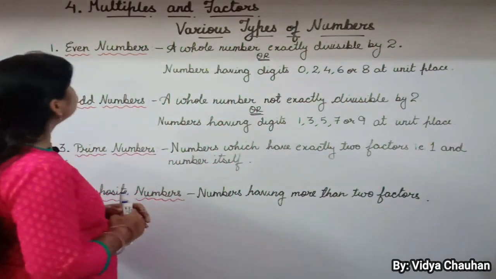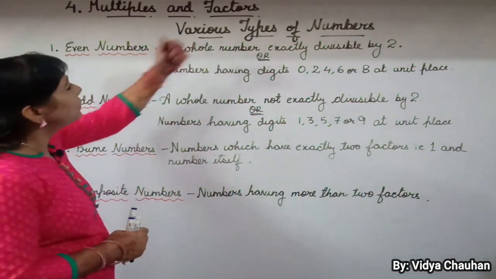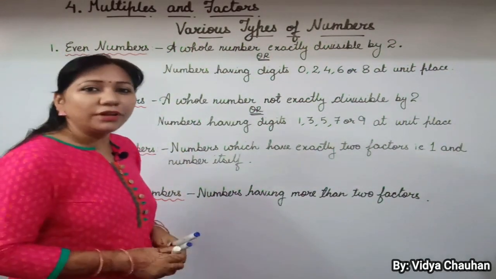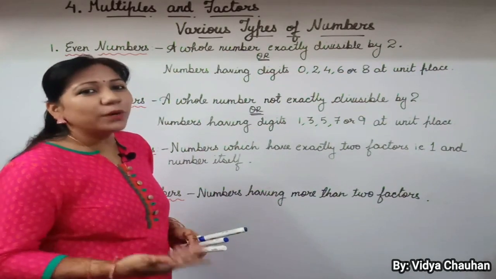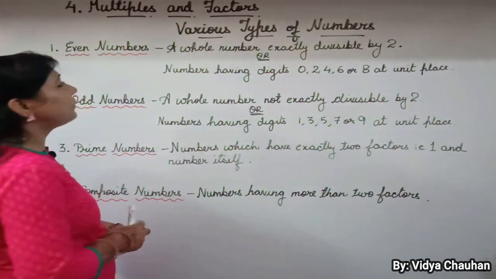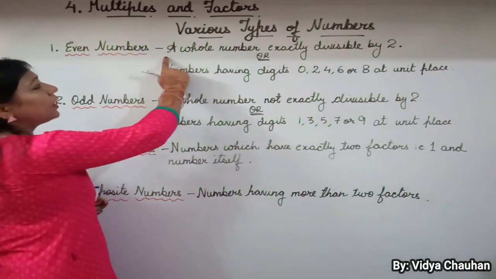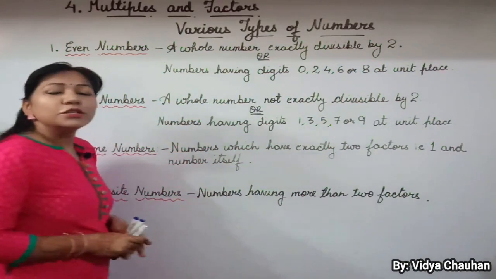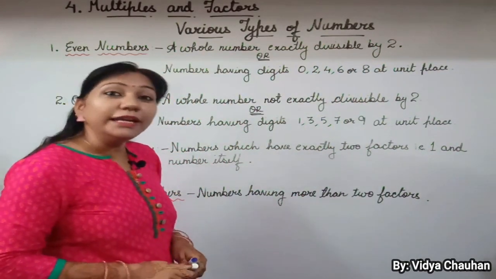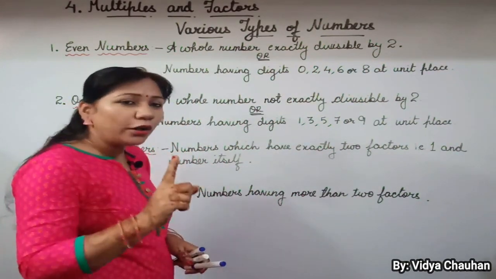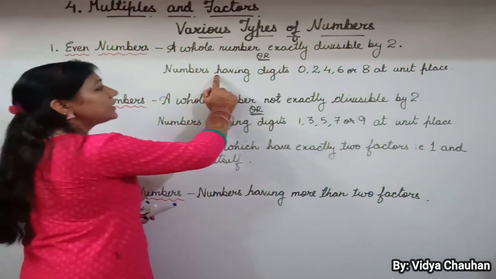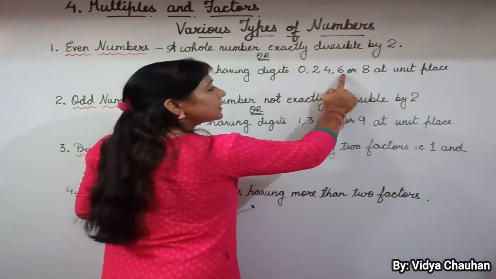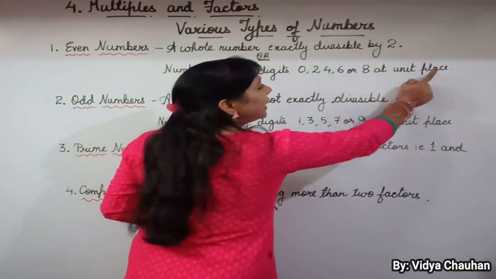So very first, as you can see, I have written various types of numbers here. And our first number type is even numbers. So what are even numbers? You are studying this since class 1 or 2, but once again, let's revise it. Even numbers are whole numbers which are exactly divisible by 2, or we can also say numbers having digits 0, 2, 4, 6 or 8 at the unit place.